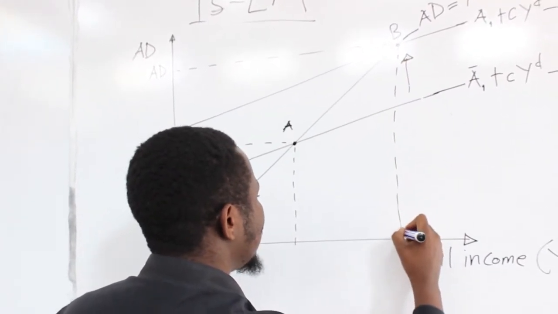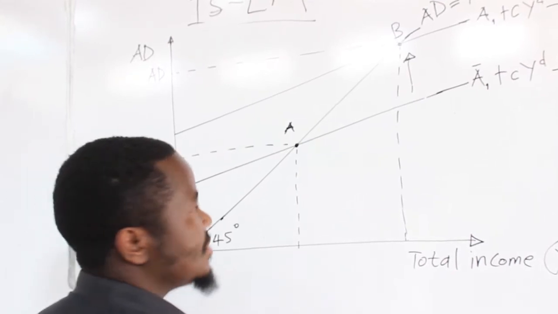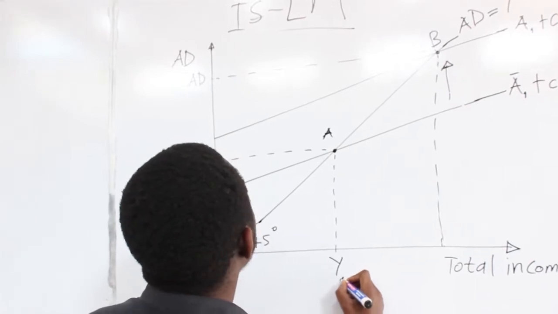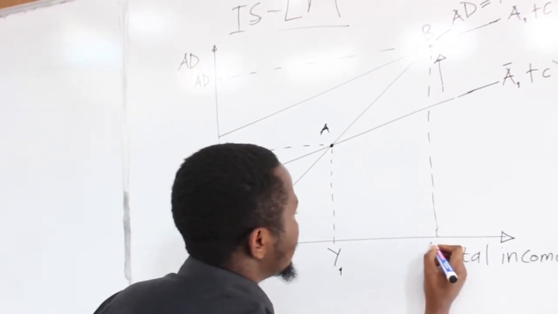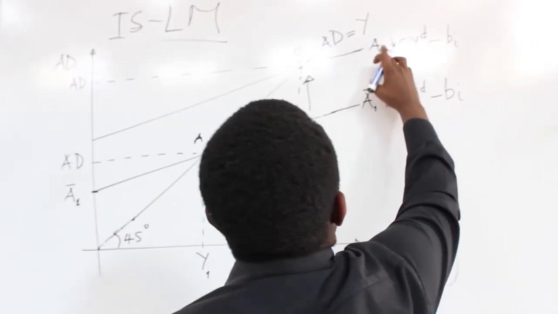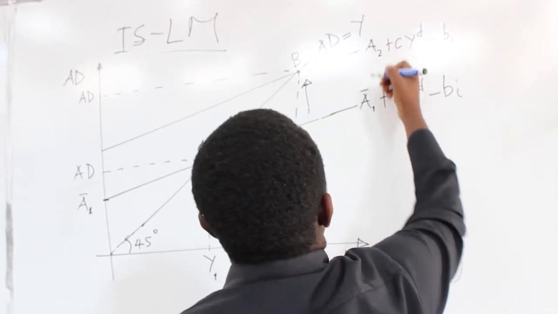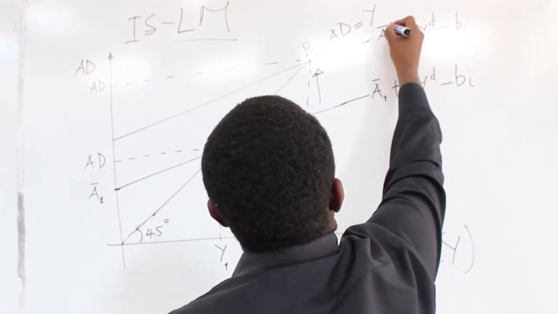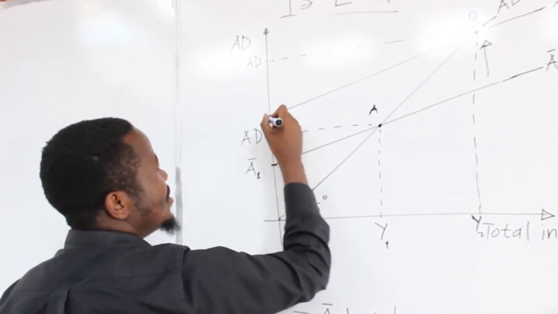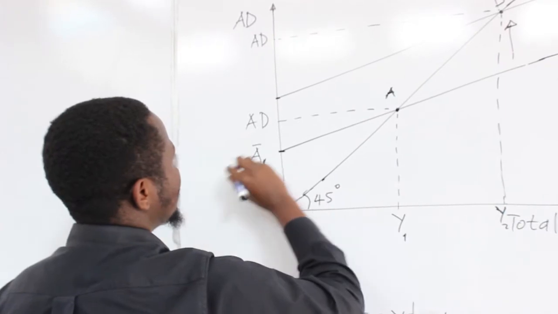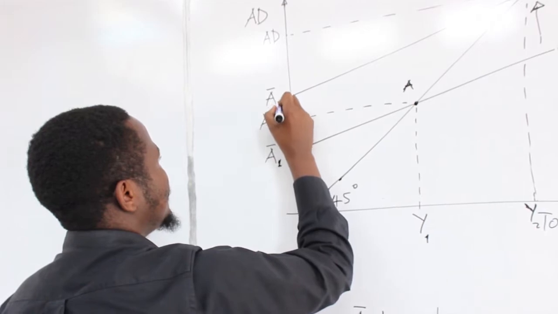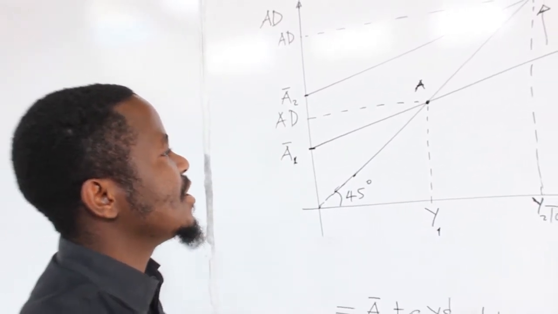People demanding more of investments, more of consumption, and maybe through government expenditure. So the effect of that shift, or the effect of the increase, we are saying that we have an increased level of income, say from Y1 to Y2, where the A here should be 2 because we are moving from A1 bar to A2 bar, so that at the point where our new total income function is cutting the AD line should be equivalent to the value of A2 bar, the autonomous expenditure.